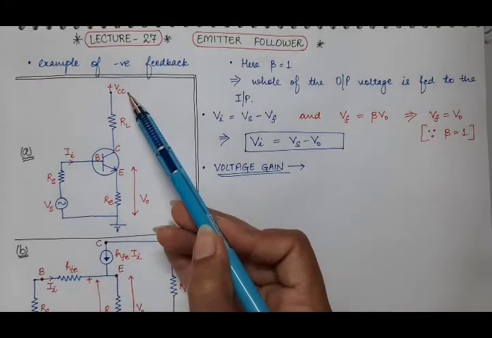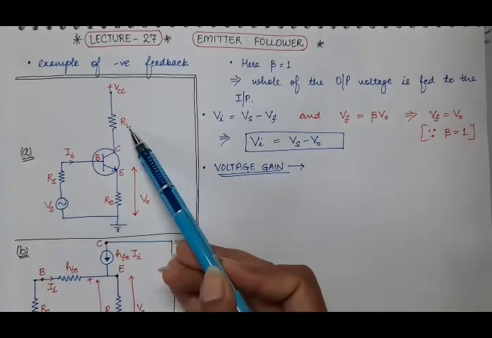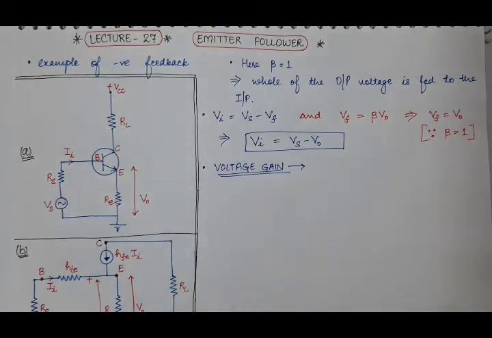VCC is the power supply across the collector, and RL is the load resistance connected across the collector. The output of this amplifier is taken across resistance Re, or you can say between the emitter and the ground terminal, and it is represented by V0.